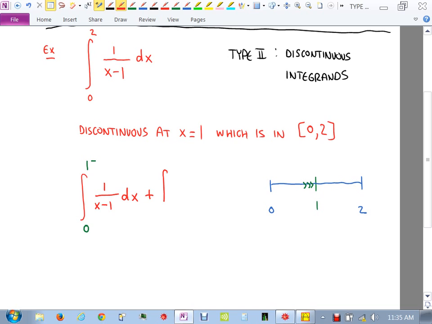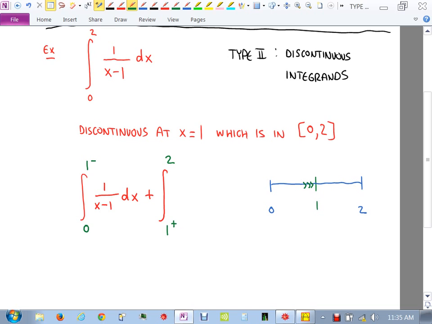The other side of the discontinuity would go from where to where? From 1 to 2, right? But for the 1 to 2, it would be 1 with a plus. That means I'd be on the right side of 1. Do y'all remember the little plus and minus from Cal 1? It was from limit notation, right? That's the way we called it left and right-handed limits.